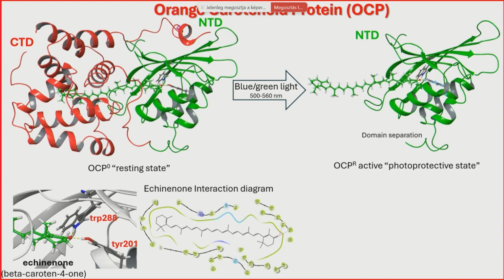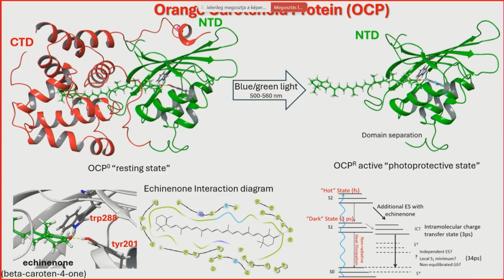It can sense high energy light via its carotenoid chromophore, and then domain separation happens in its photoprotective state. Excitation to a hot state happens within femtoseconds, and internal conversion to the dark state.